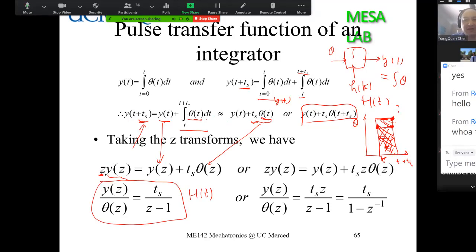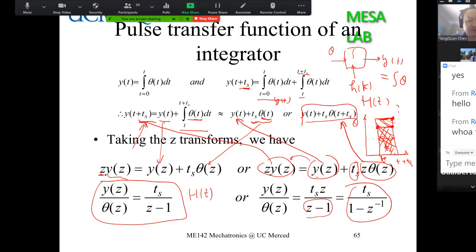If I consider this one, yz is this term, Ts is this term, and theta z is this term. So I arrange this one to this side, z minus 1 here, y, and here is Ts z. I divide it by z, so I'm going to have this one.